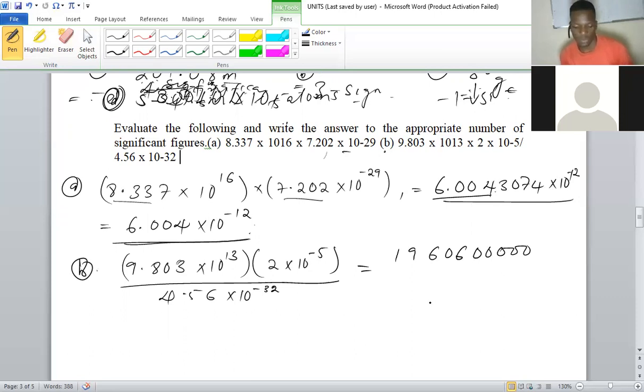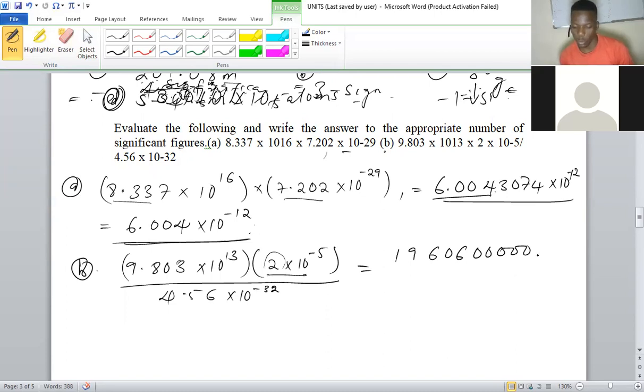Now we have to express this with the appropriate significant figures, since we've multiplied. We look at which number has the least significant figures. It is this one, which has 1 significant figure. So this answer is supposed to be a 1 significant figure answer.